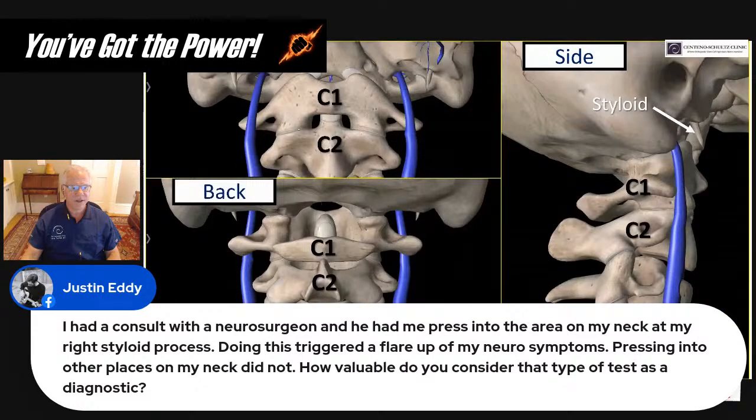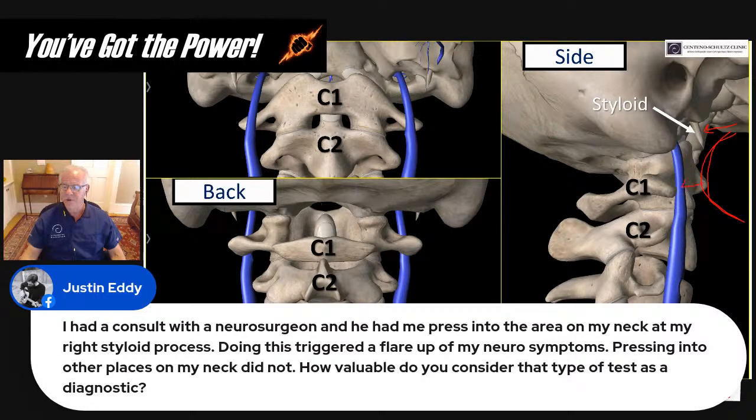Okay, if we go to this third slide here. So the styloid, let me get my little pen back. The styloid is here. Now, it's going to be pretty hard to just put pressure on the styloid. Basically, I'm going to be putting pressure on this whole area. There's a couple of things that could happen there.